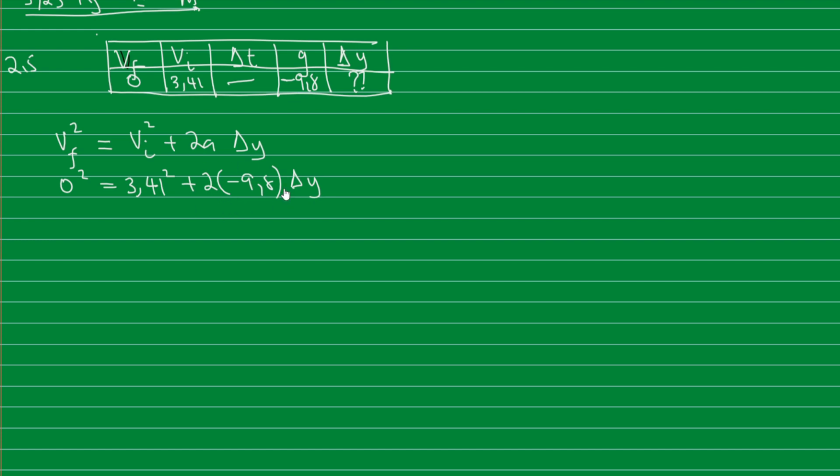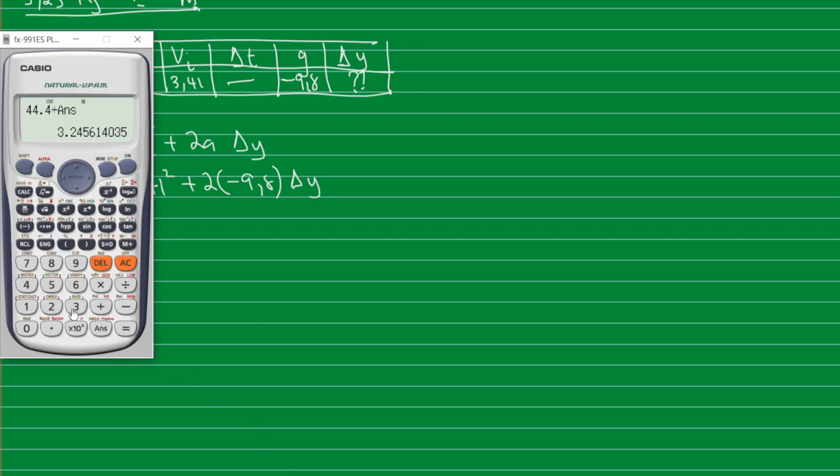Solving this, I'm going to get delta y times 19.6 equals 3.41 squared, which is 11.6281.